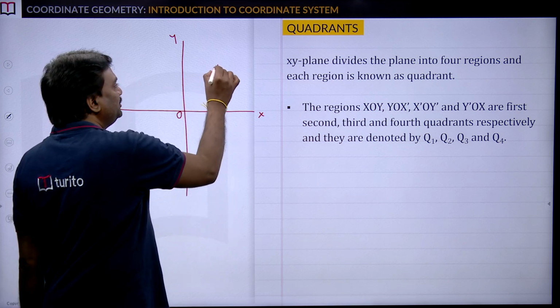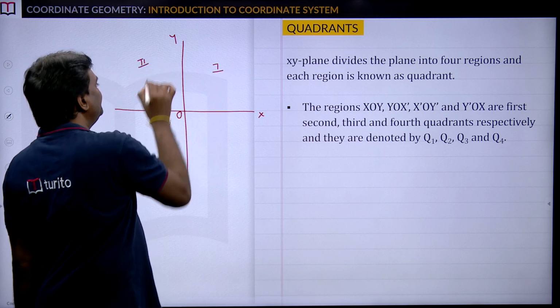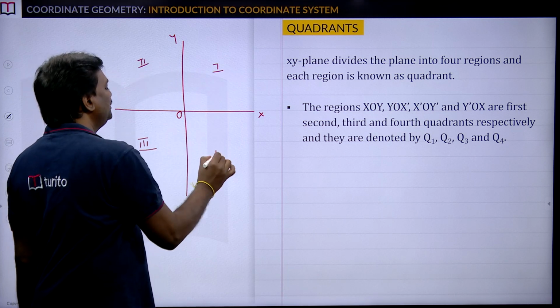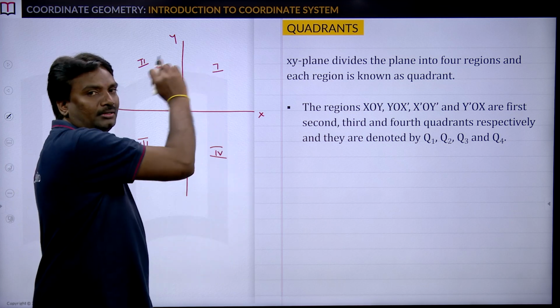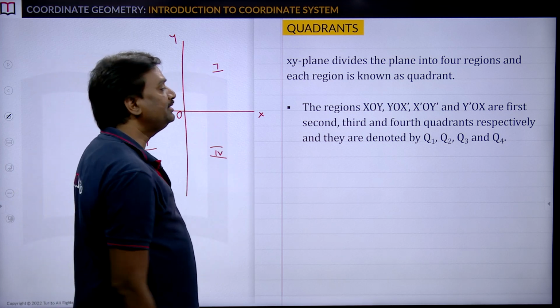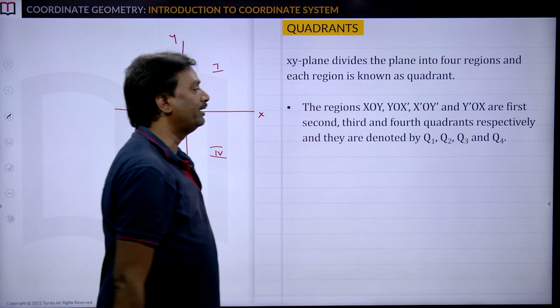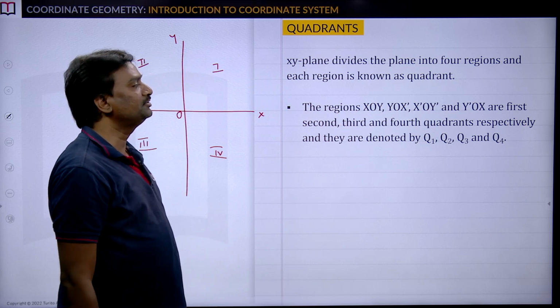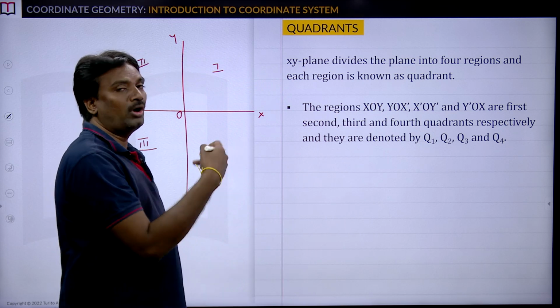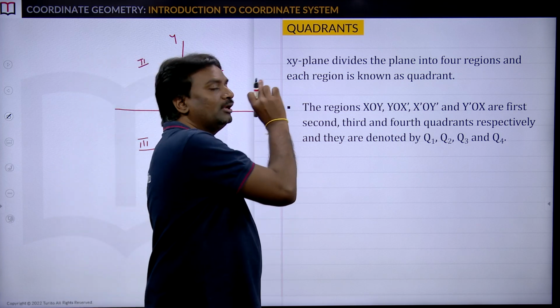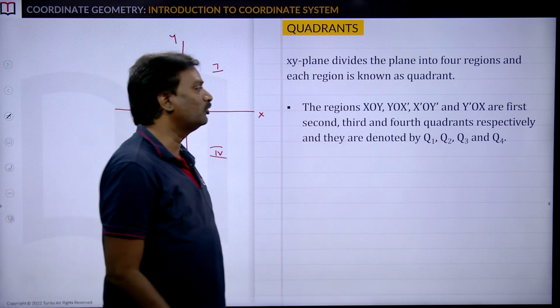This is the first region, this is the second region, this is the third region and this is the fourth region. Each region is known as a quadrant. Here a total of 4 quadrants are there.